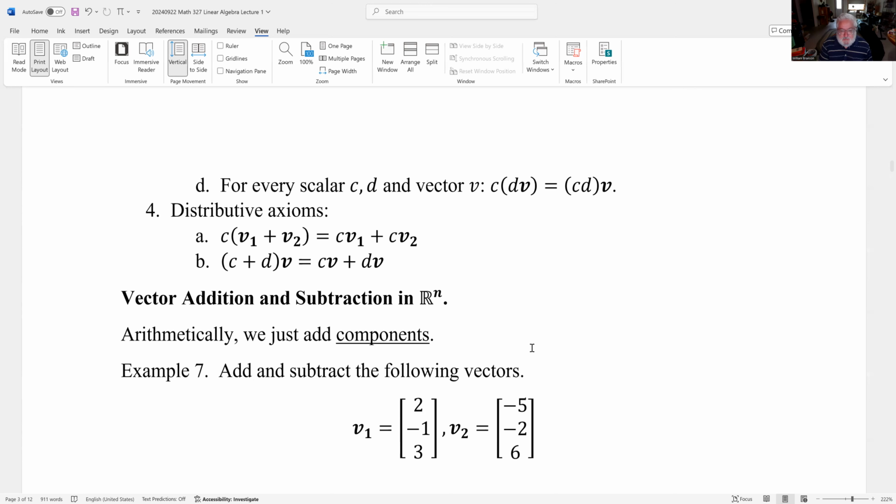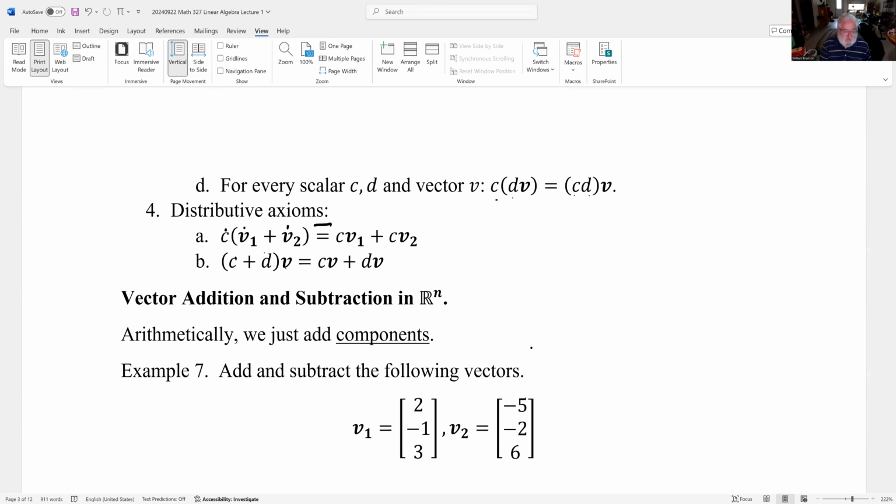You can multiply by scalars in whatever order you want, and you have distributive axioms, that multiplication distributes over addition, like usual, and c plus d, two scalars multiplied by a vector, you can distribute the vector. So it's the usual kind of distribution thing. Keep in mind that these go both ways.